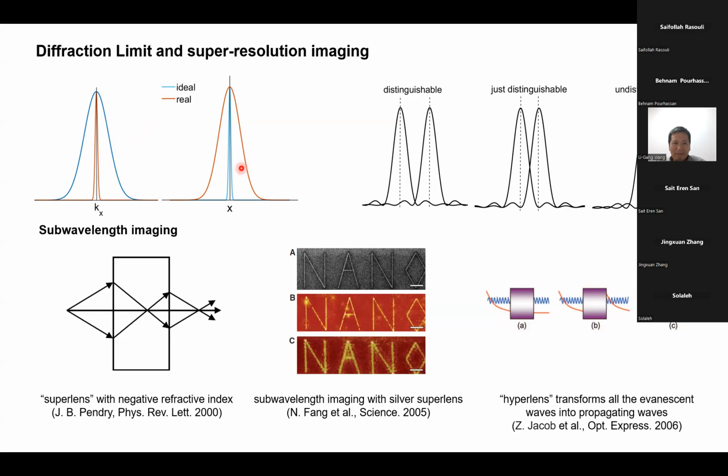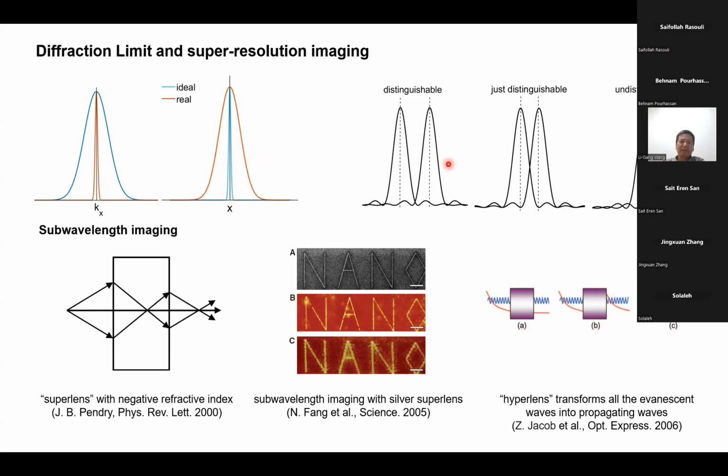And after Fourier transformation to coordinate space, it cannot be a perfect imaging. It's not a delta function distribution, but a big spot like this.